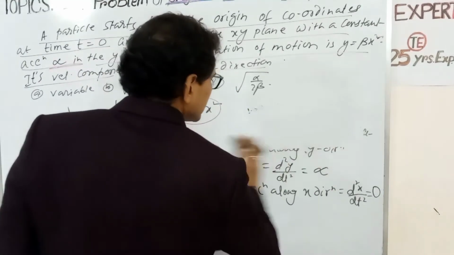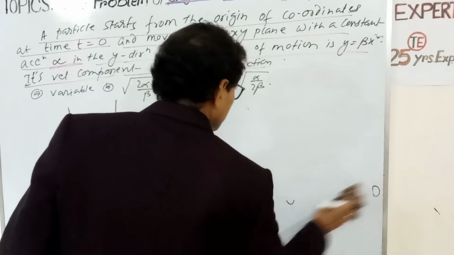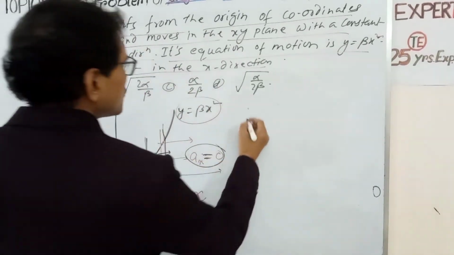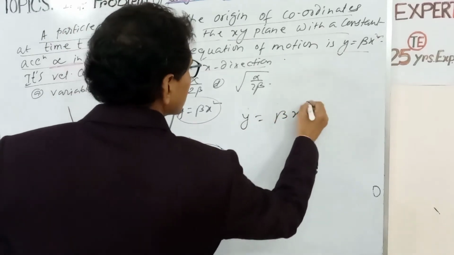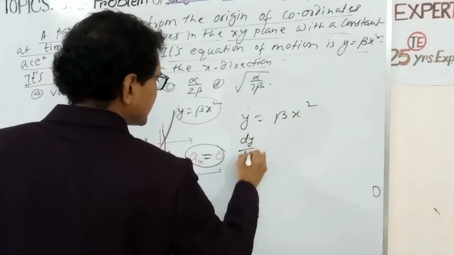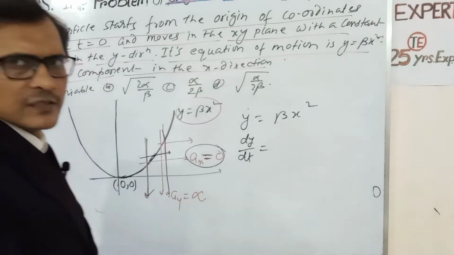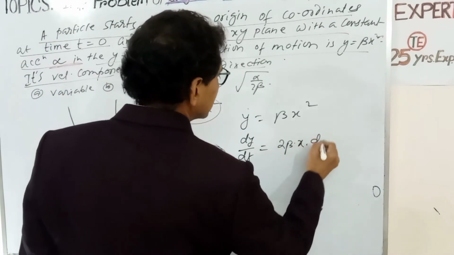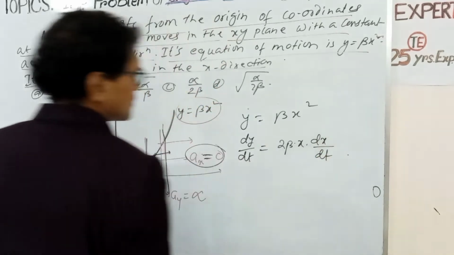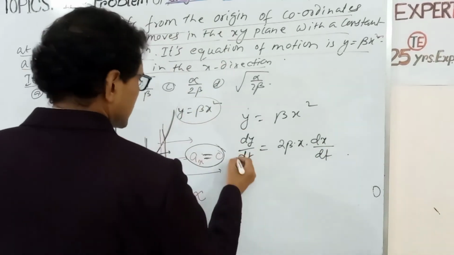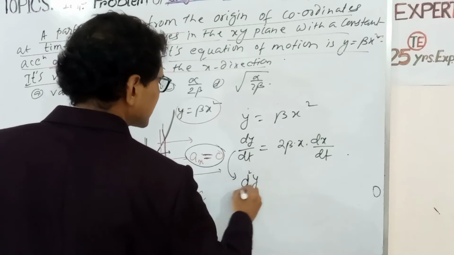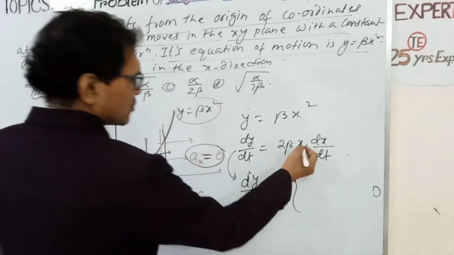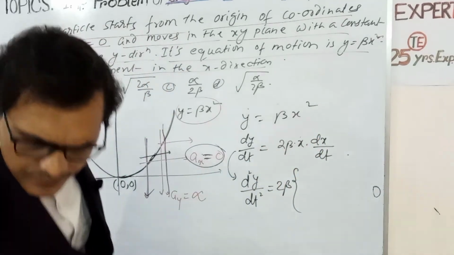Now the equation is y equal to beta x square. Differentiating both sides with respect to t, dy by dt equals 2 beta x dx by dt. Now again differentiating, this is u, this is v.